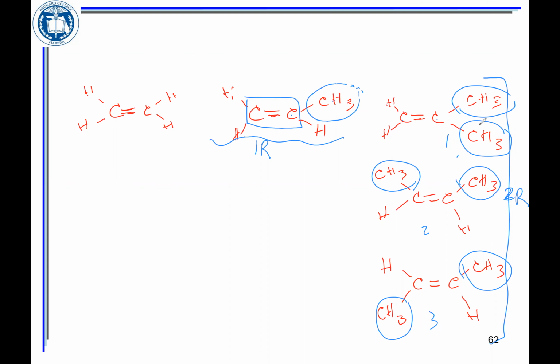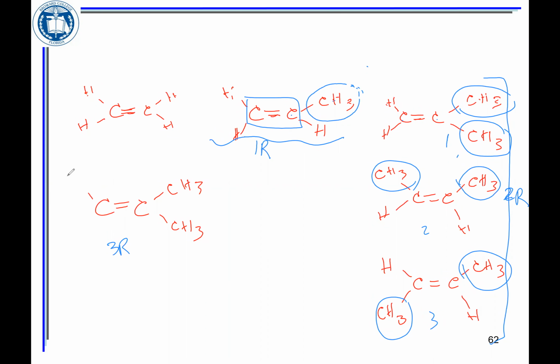What would be a 3R alkene? Or how would a 3R alkene look like? I have a CC double bond. If I want to make this 3R, how would I make this 3R? Methyls on both sides. Methyl, methyl, and what else? On this side, what do I have?